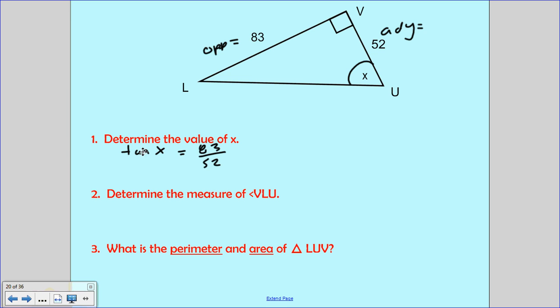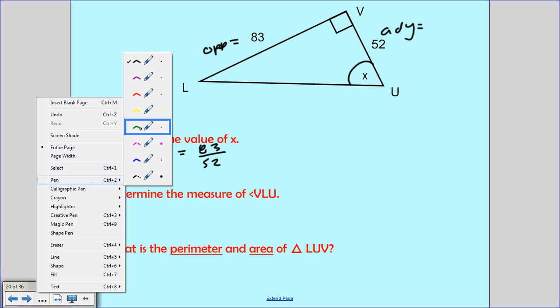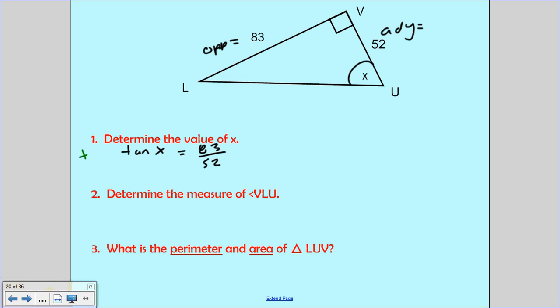And again, since x is my angle, I need to apply the inverse of tan to both sides. So tan inverse. So at the end of the day, x would be by itself, and tan inverse is now on the right-hand side. And we're going to apply it to 83 over 52.